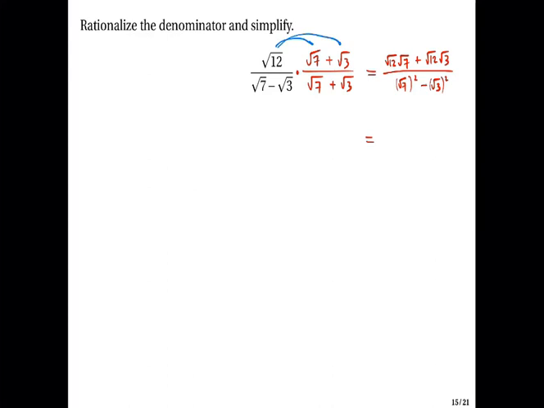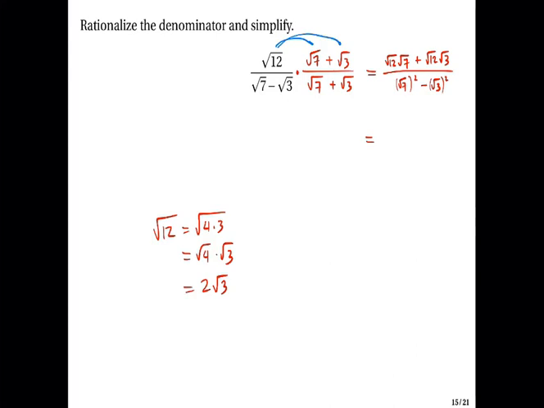Now, let's see. 12, it's 4 times 3. So square root of 12, this is actually square root of 4 times 3. And this is square root of 4 times square root of 3. But square root of 4, that's just 2. So you have 2 square root of 3 there.